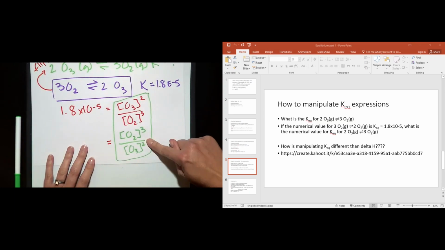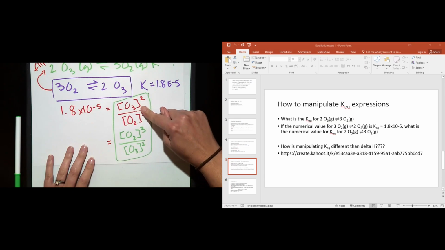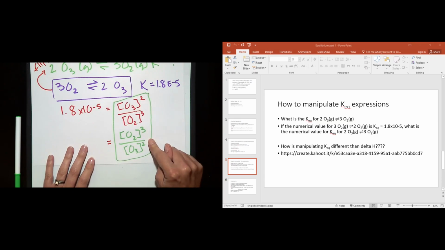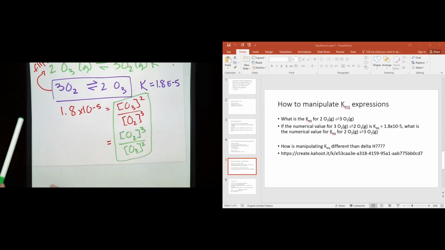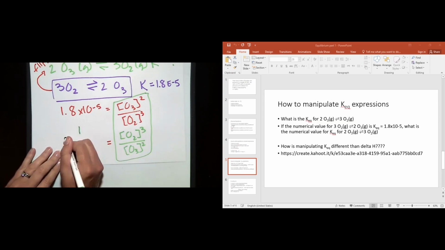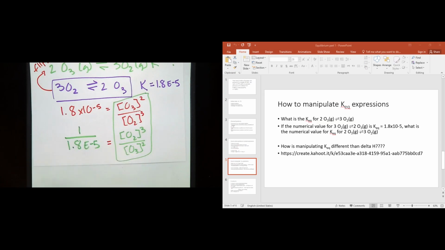So how are these different? This is 1 over that bottom ratio. It's the inverse. The reciprocal, so it's 1 over 1.8 times 10 to the minus 5.